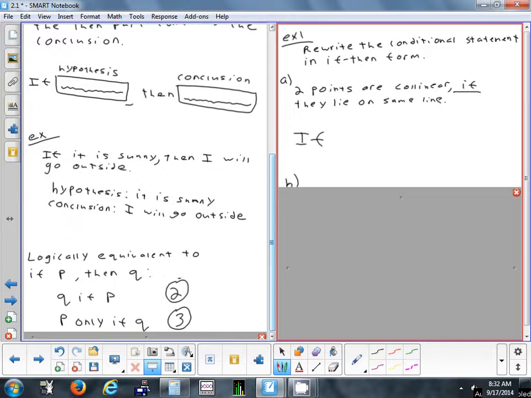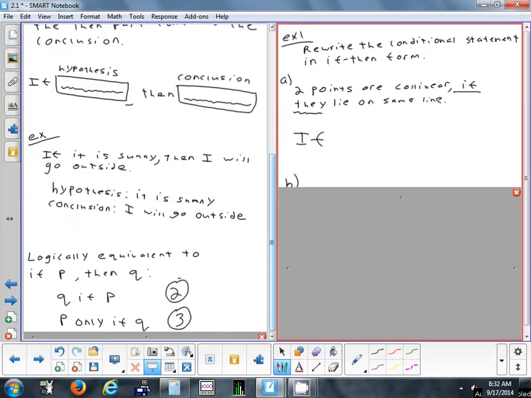Since I use the word they, that's referring back to something I've already said, like a pronoun, okay? He or she. 2 points are collinear. Okay? So if we're going to write this part first, which is what ends up happening, in the Q if P form, what's at the end of the sentence ends up coming right after the if. We might have to specify the subject.